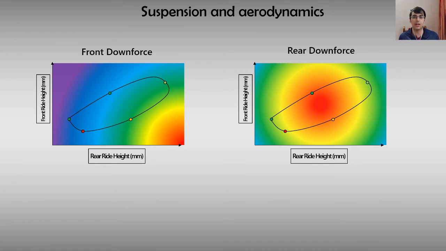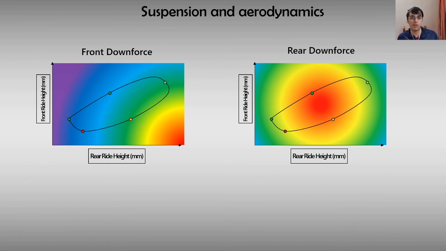So when you're designing a car, you will already have a certain idea of how your ride height envelope is going to be, and then you'll have your aerodynamic devices designed in such a way that it fits somewhere within that envelope. Then again, when you go to a track and you start setting up your car, you can tweak your aerodynamic wing angles in particular to change the ride height around.